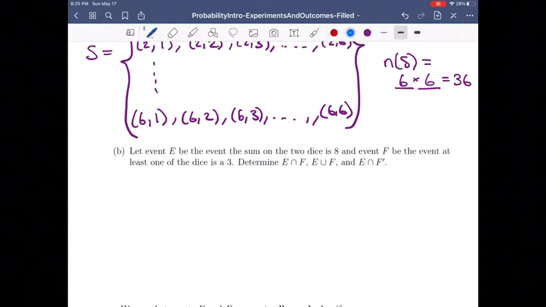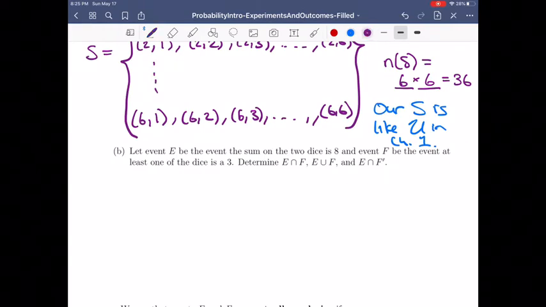S is like our universe in chapter 1, because it's everything that could occur. That's the universal set.